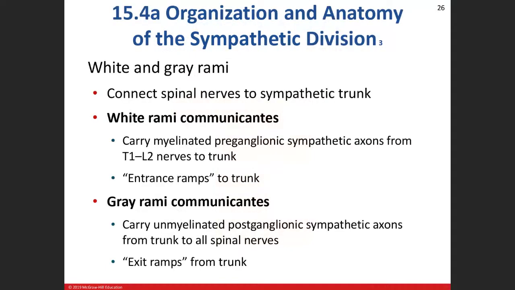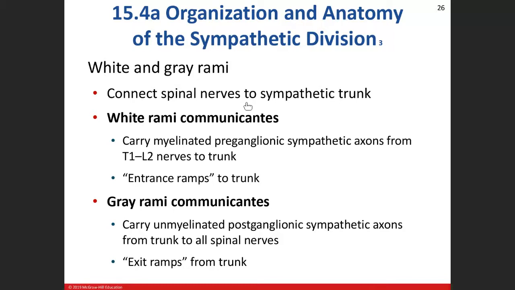Okay. So we learned about, remember the rami communicantes? So you have the spinal nerve, which is a mixed nerve, and it exits out of the intervertebral foramen. And then there's a branch that comes off the spinal nerve that goes towards your back, and that's called the dorsal ramus or the posterior ramus, which innervates the deep muscles of your back and the skin on your back.